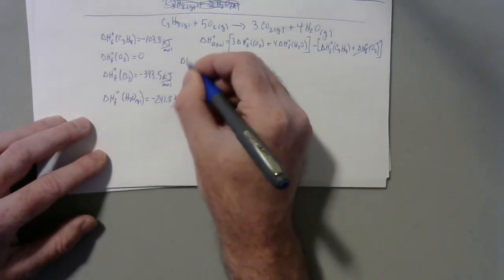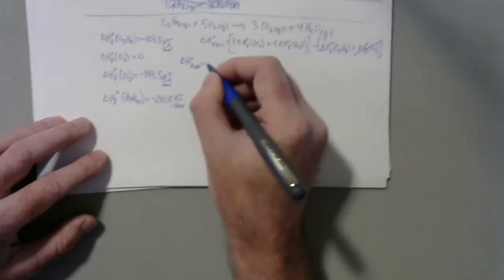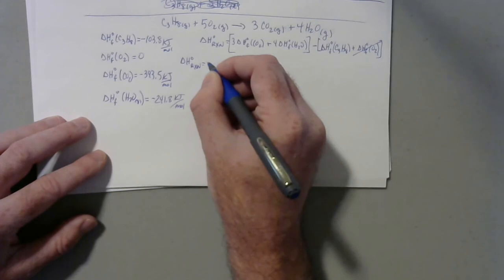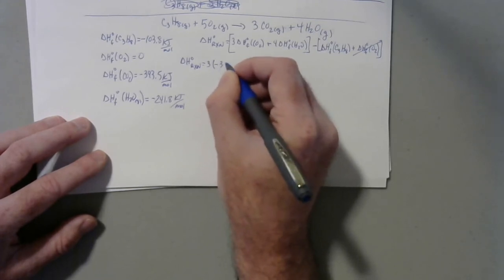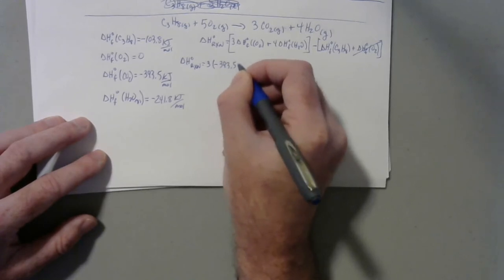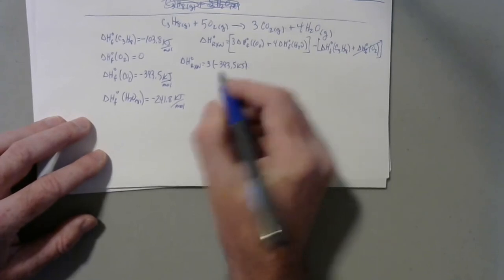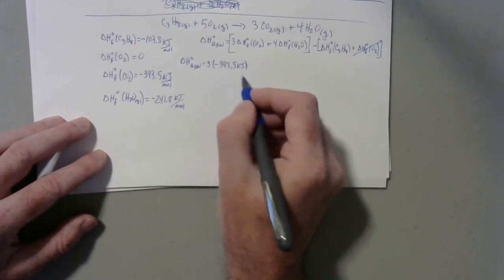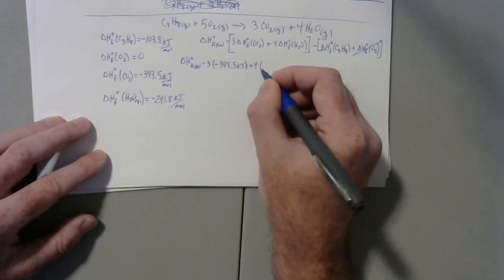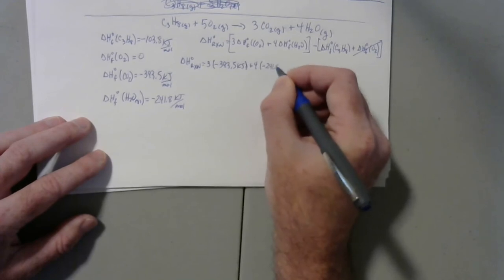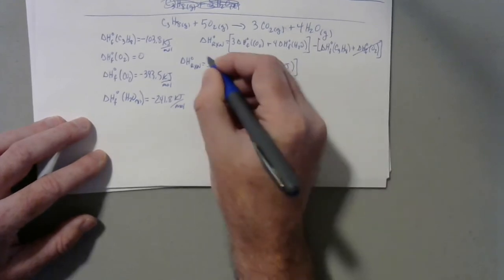So the standard heat of the reaction is going to end up being 3 times a negative 393.5 kilojoules for the CO2. Again, I'm just canceling out the moles in advance. We interpret that 3 as moles. It cancels with the moles there. Plus 4 times a negative 241.8 kilojoules. That, again, is our product side.